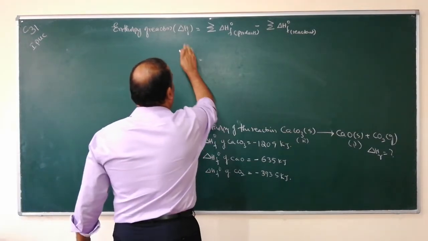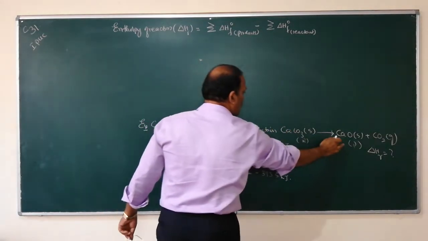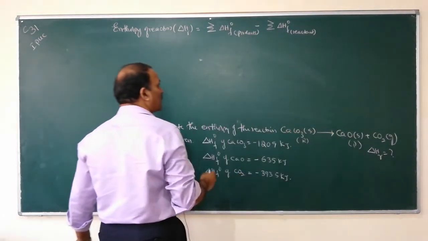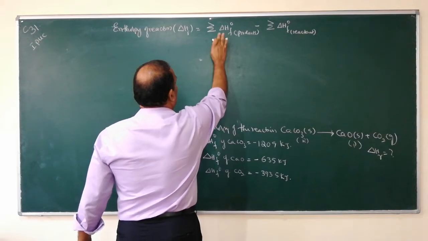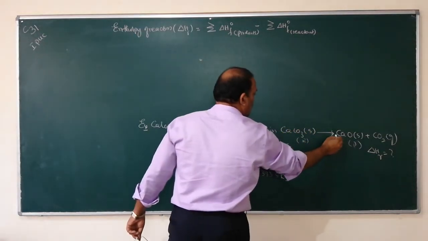So what is delta HR? It is equal to the sum of the enthalpies of formation of products. Here the products are CaO and CO2. How many calcium oxide molecules are there?